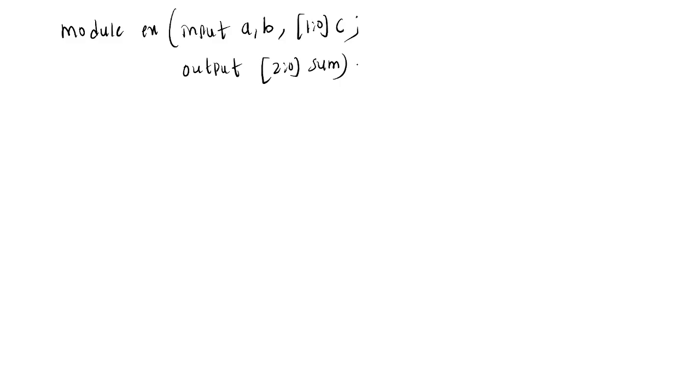Here also there is a compilation error. We declare the inputs and outputs within the bracket, so this semicolon ends the statement and you will get a compilation error. Normally you need to keep a comma.